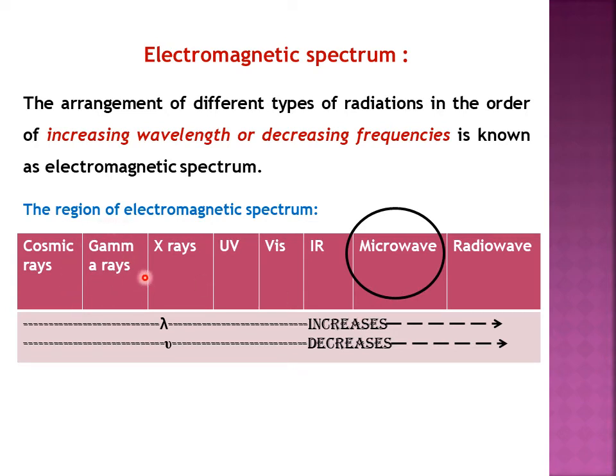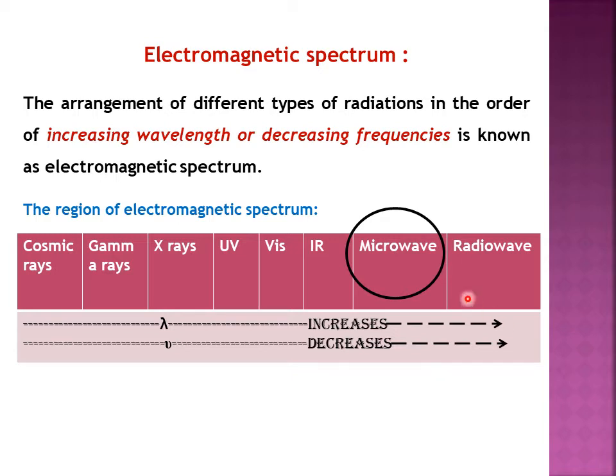Mossbauer spectroscopy is observed in gamma rays, then X-ray spectroscopy in X-rays, then UV visible, rotational and IR spectroscopy, and ESR spectroscopy is observed in microwave radiation. NMR spectroscopy is observed in radio waves. The wavelength of cosmic rays is 10 raised to minus 9 and that of radio waves is 10 raised to 11, whereas the frequency of cosmic rays is 10 raised to 26 and that of radio waves is 10 raised to 6.